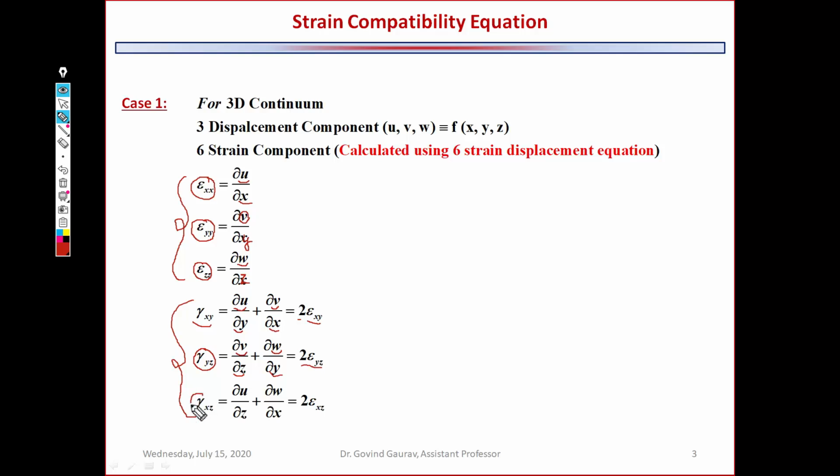Similarly, we can calculate the shearing strain gamma xz by partially differentiating the displacement in the x direction with respect to z, and the displacement in the z direction with respect to x, which is equal to 2 times epsilon naught xz. All these equations we have derived earlier. These are known as the strain displacement equations for calculating the normal or longitudinal strains and the shearing strains.